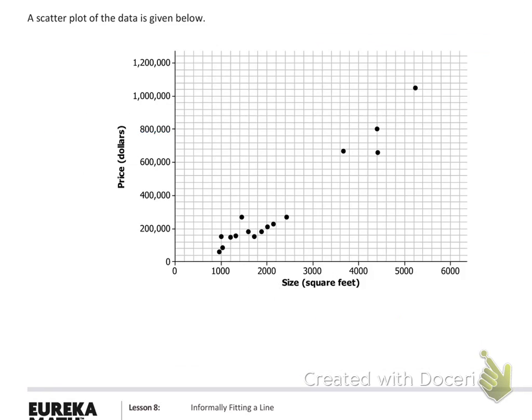Okay, so the scatter plot's going to give us a good picture of the data. So we can ask ourselves those questions that we talked about in the previous lessons. Does there appear to be a relationship between the two variables? Is there a relationship between the size of a house in square footage and the price of the house?